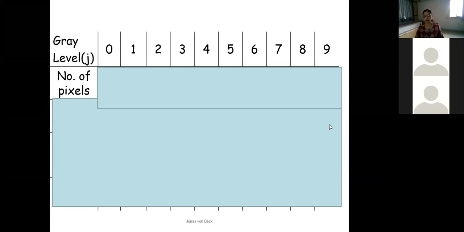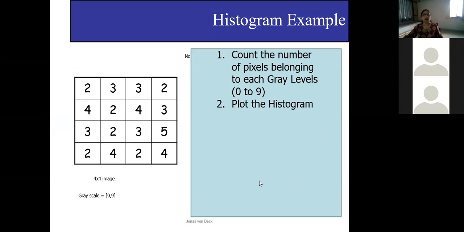Yes, Aryan, your answer is correct. Okay, so everyone has completed it for 3. So for gray level 3, there are 5 pixels. Now give me the answer for the other pixels, 4 and 5 and 6 and 7.